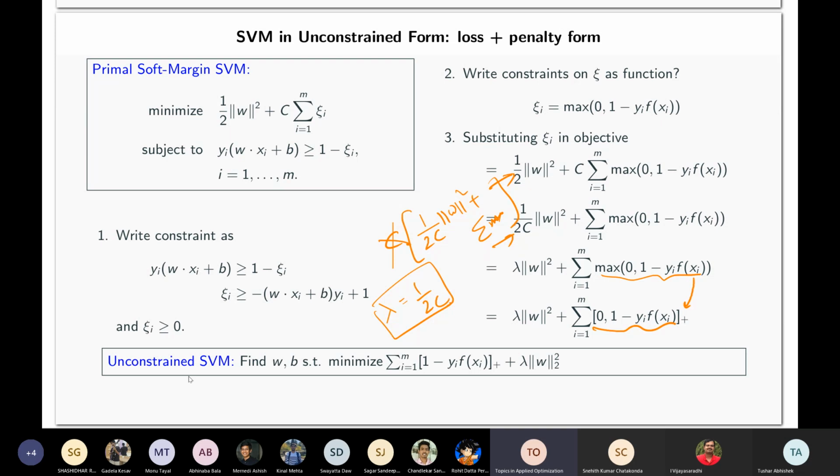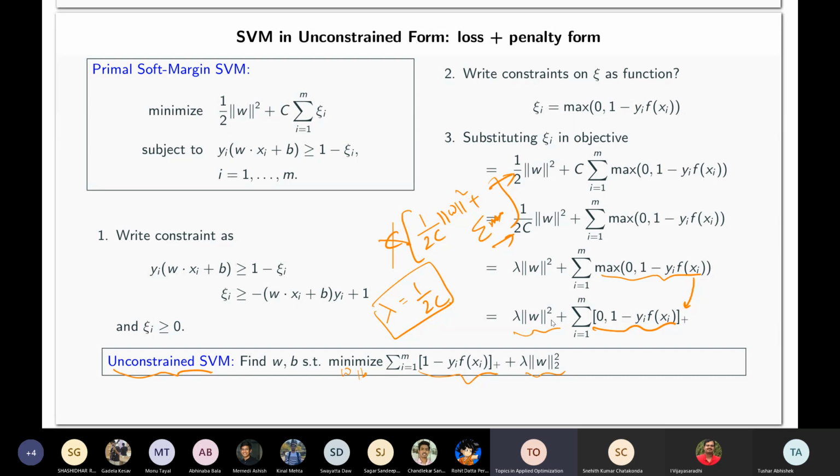So we can arrive at an unconstrained SVM problem. From a constrained problem, we get an unconstrained optimization problem where we minimize this objective over w and b.